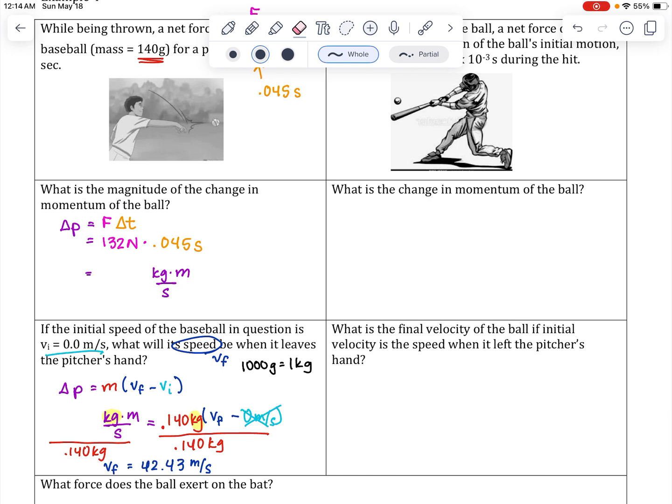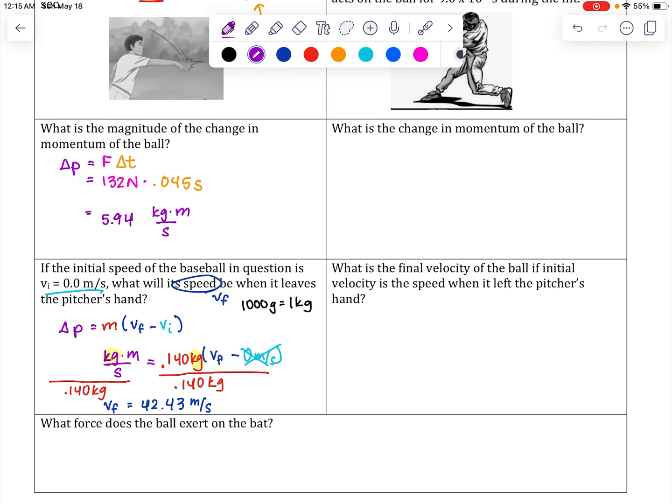That doesn't make sense at all. I should have known that from multiplying those. I remembered how to do it, but I did not remember the number I put in. This is 5.94 kilogram meters per second. That makes a little more sense: 132 divided by 0.045. Sorry, you're going to have to change that all. I'm glad that I noticed before I went too far.